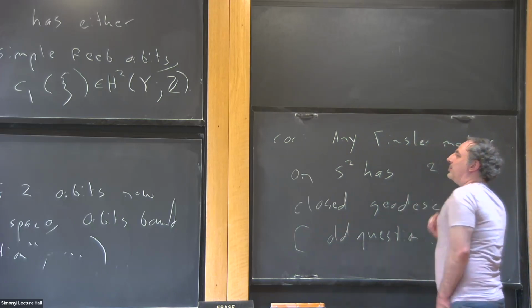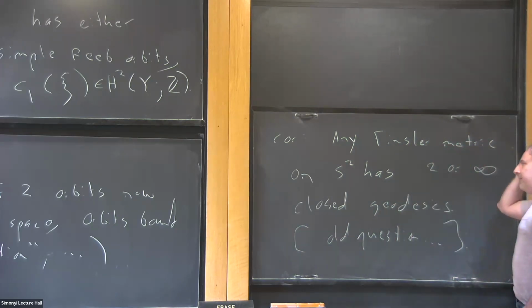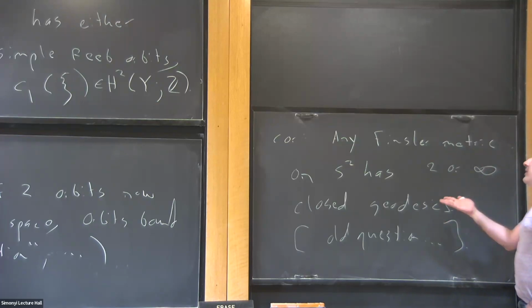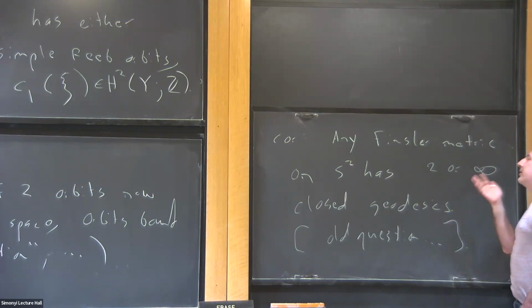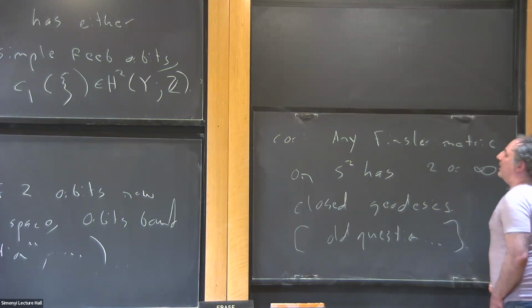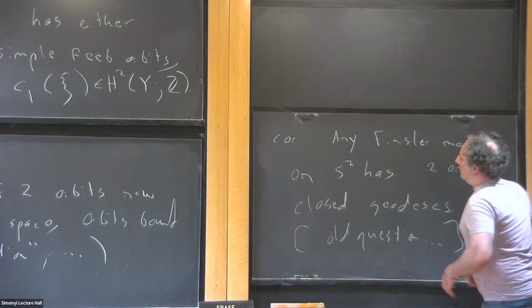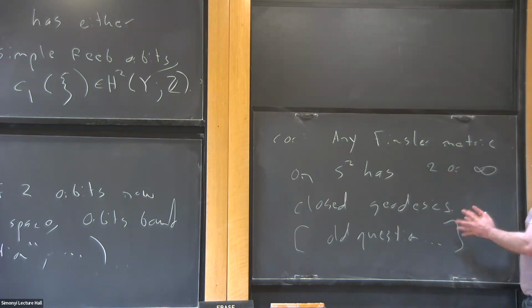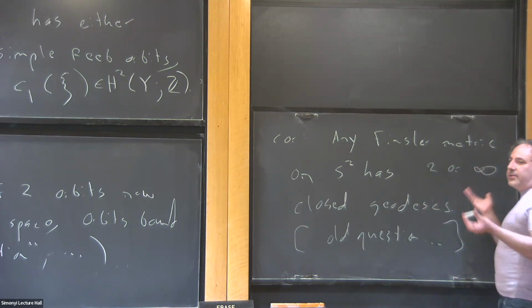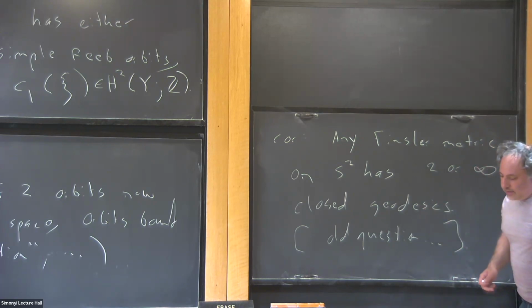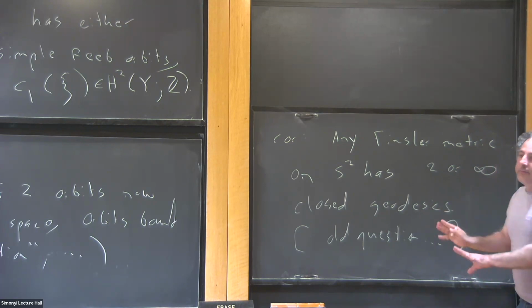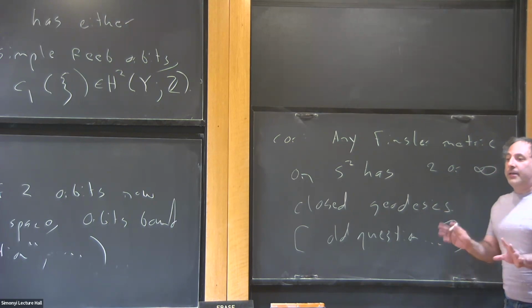Maybe I don't want to talk too much about this because we only have a finite amount of time, but Finsler metrics are like Riemannian metrics, only more general. We're just requiring that the unit tangent space is convex. An old theme in Finsler geometry is to understand what is like the Riemannian case and what is not.